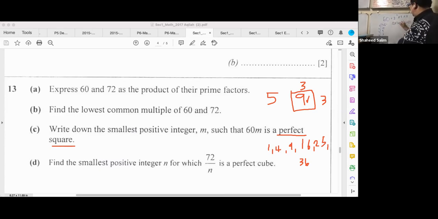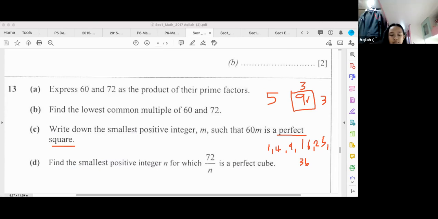I can put one 5 here. I need to put one more 5 here. So can you see, if I want this number to be a perfect square, I need to multiply it by 3 and 5. I need to multiply it by 15. Then I can make it into a perfect square. Are we okay?